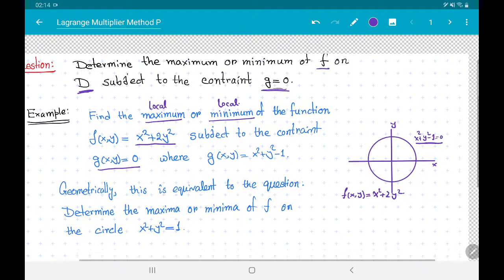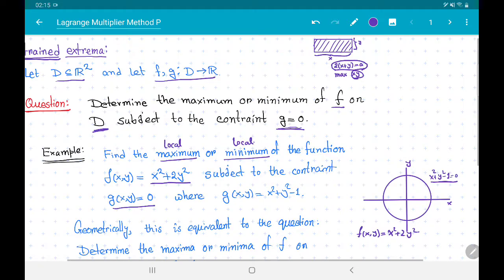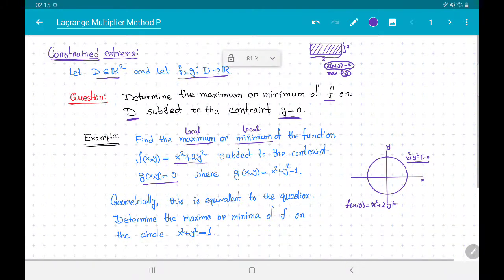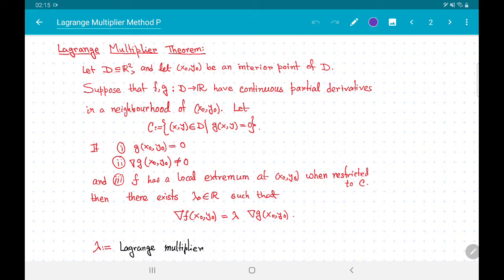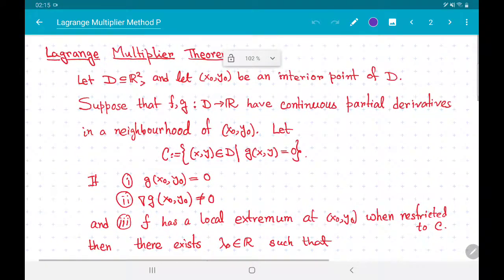In the next couple of slides, I am going to give you a technique which is known as Lagrange's multiplier method, and this will be very helpful in solving this kind of problems. So here is Lagrange's multiplier theorem, and we will also see a couple of examples on how to use this. So what does the theorem say? It says the following.